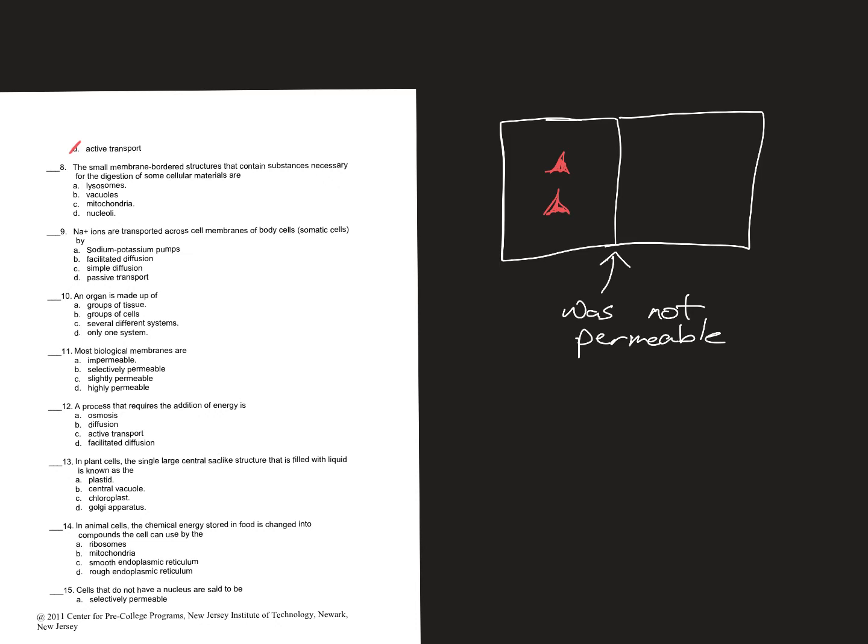And here you had, let's say, 10% water and 90% solute. And here you had 100% water. Well, this side is much more dilute, meaning it's low concentration of particles. That's what dilute means.